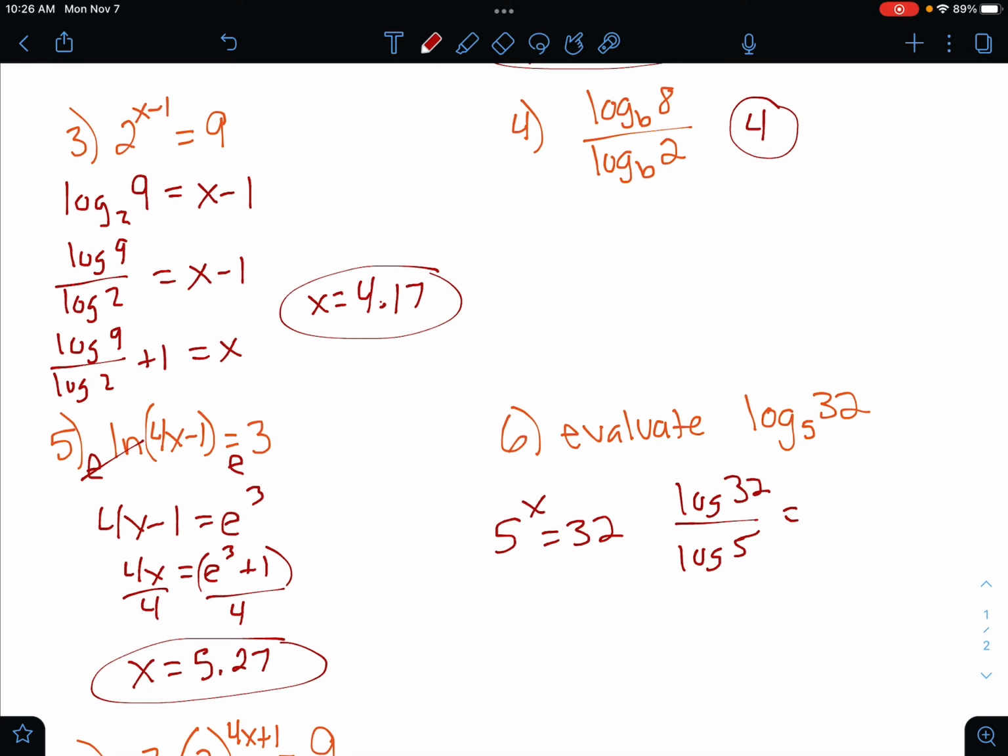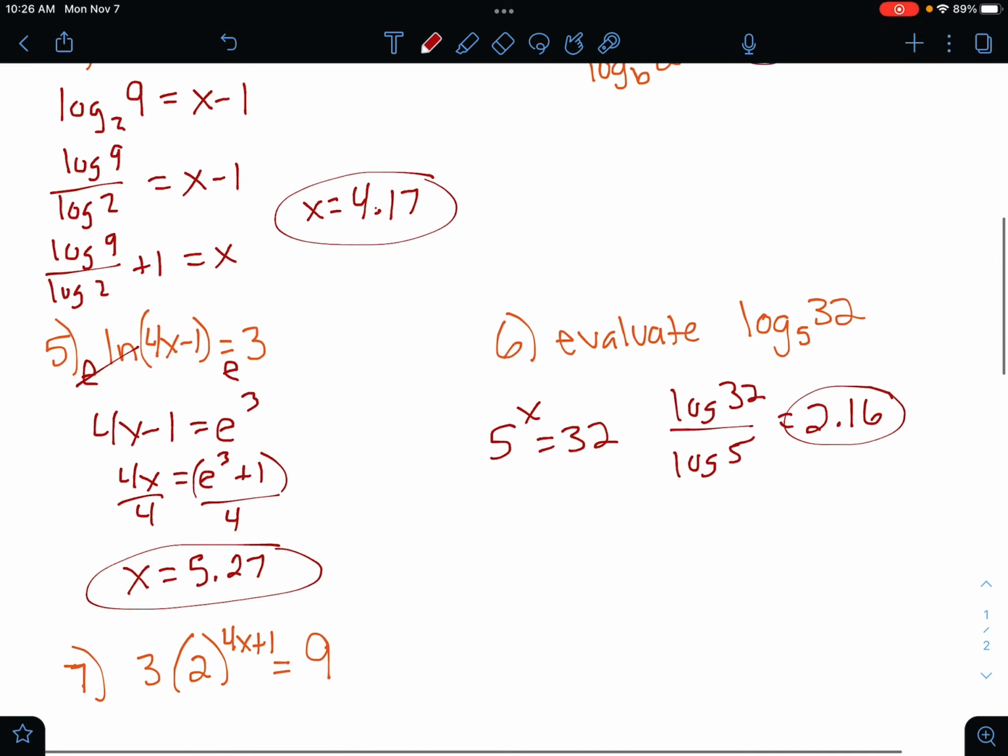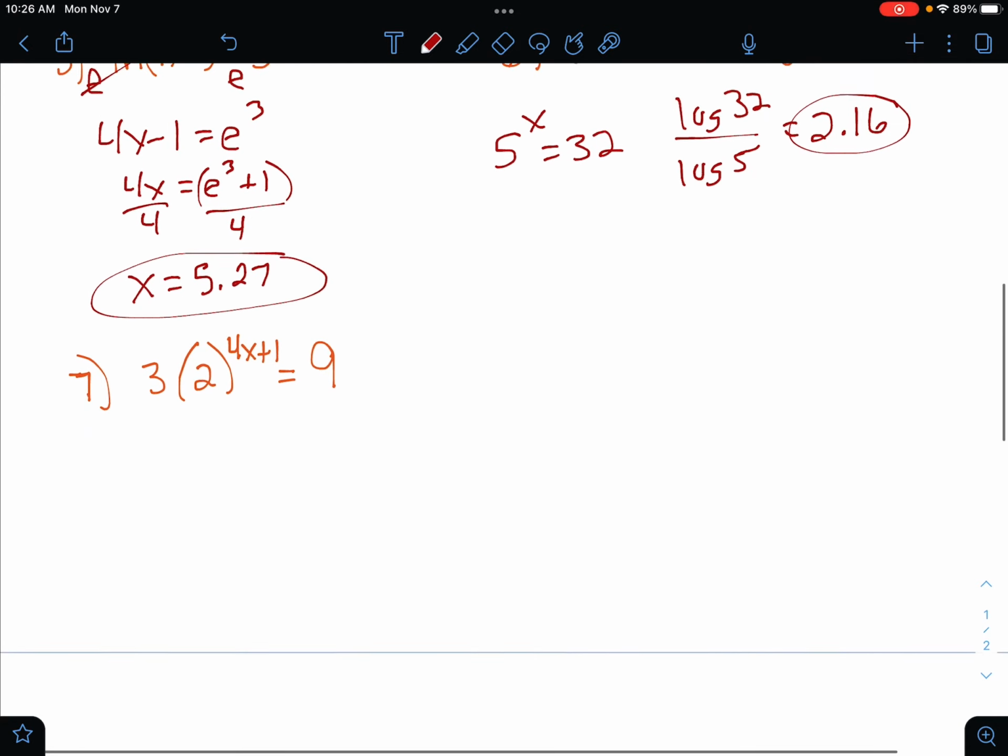So log of 32 divided by log of 5. Plug that in, and you get 2.16, which makes sense because 5 squared is 25. 5 to the third, that's way too high. So it's going to be really close to 5 squared.